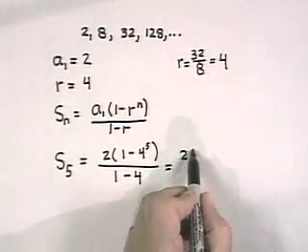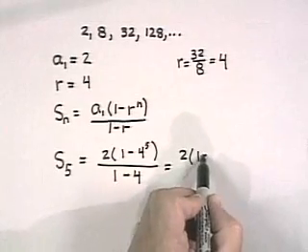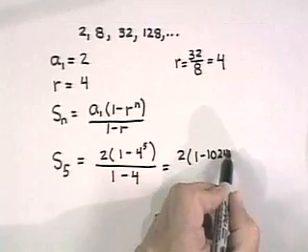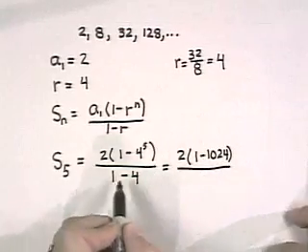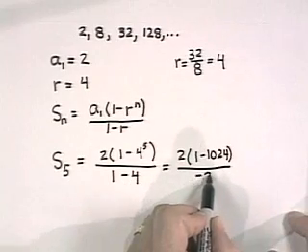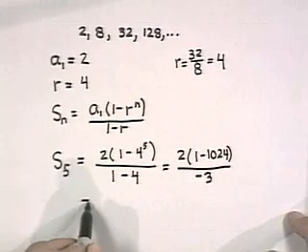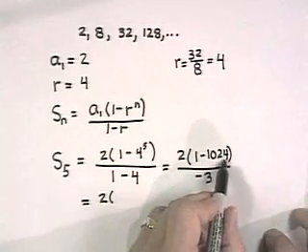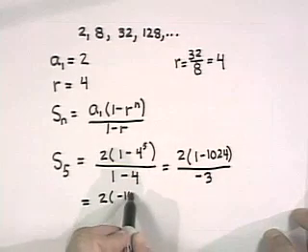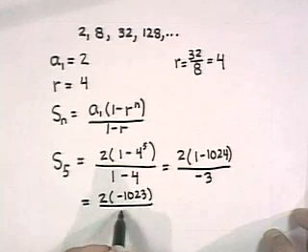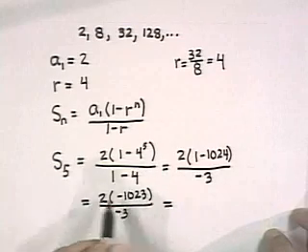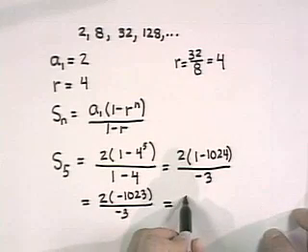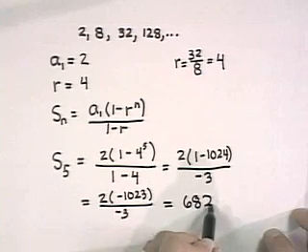Let's see. 2 times 1 minus 4 to the 5th power, which is 1,024. And, of course, 1 minus 4 is negative 3. Continuing to simplify, we have 2 times 1 minus 1,024, which is negative 1,023, over negative 3. And when we do that calculation, we will find that we have the sum of 682.